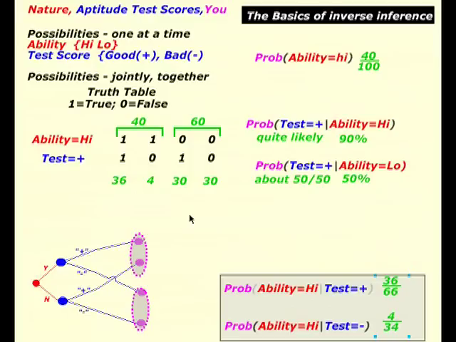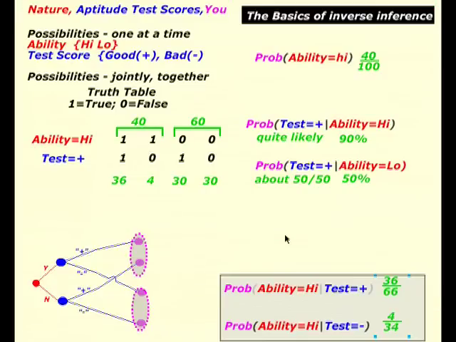But notice the other bit of information. It could be you see a negative test result. What should you believe then? There's two bits of information you can get out of the test. One is a positive test, but you can also get a negative test result. The person scored poorly on the test. What should you think? Are they just a smart person who didn't do very well, or are they a low ability person? Well, have a look. The people who have low test results, there's 30 plus 4, 34 of those. 4 out of 34 are of high ability.